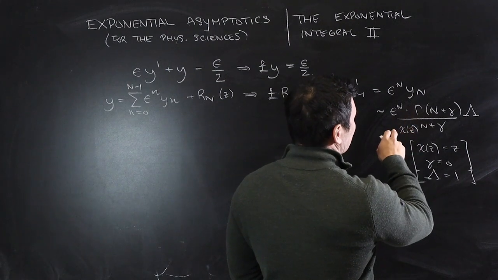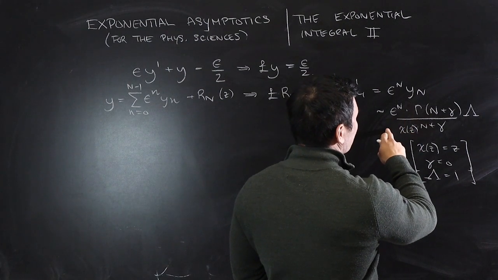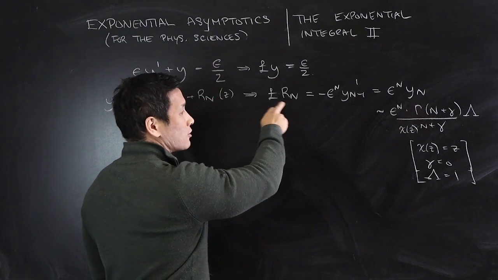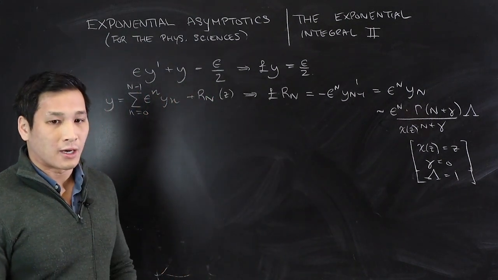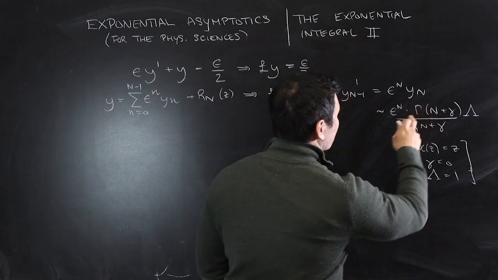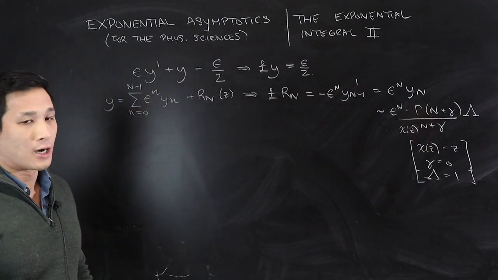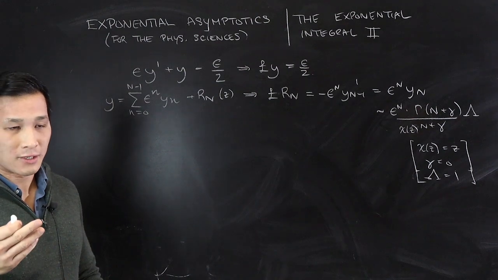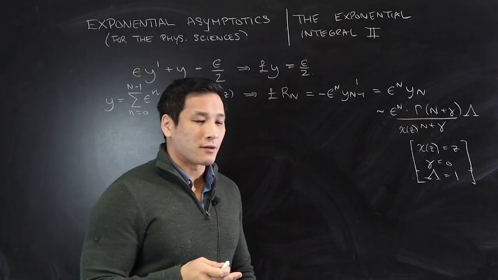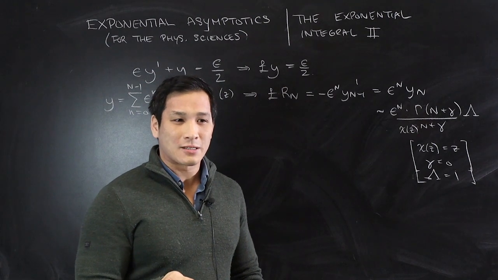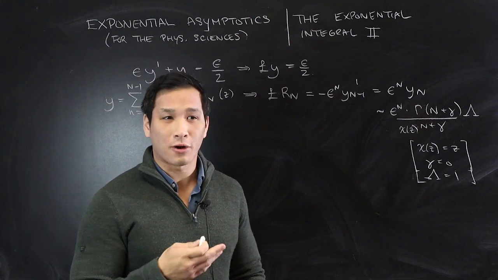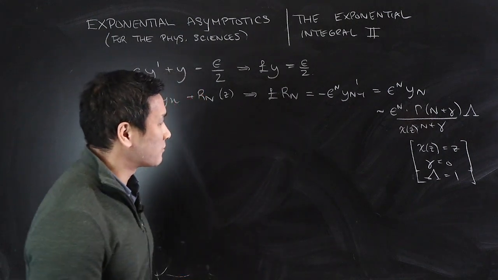Now, the next step is for us to put in an ansatz for the remainder and try to derive its form. But the trick will always be that you want to choose n so that it's optimal. And the optimal point that you should choose is such that the error is the least. And the heuristic is that the error is the least at the location where adjacent terms are approximately equal in the asymptotic expansion.